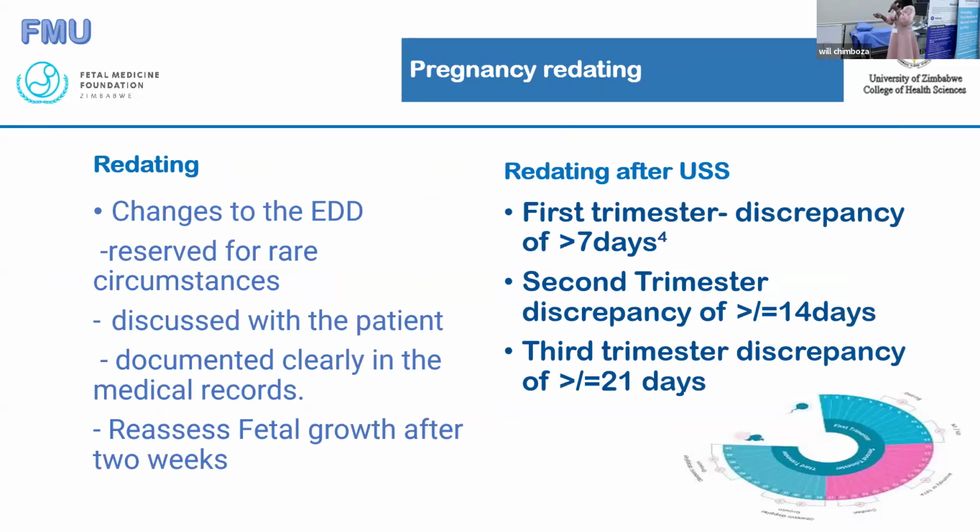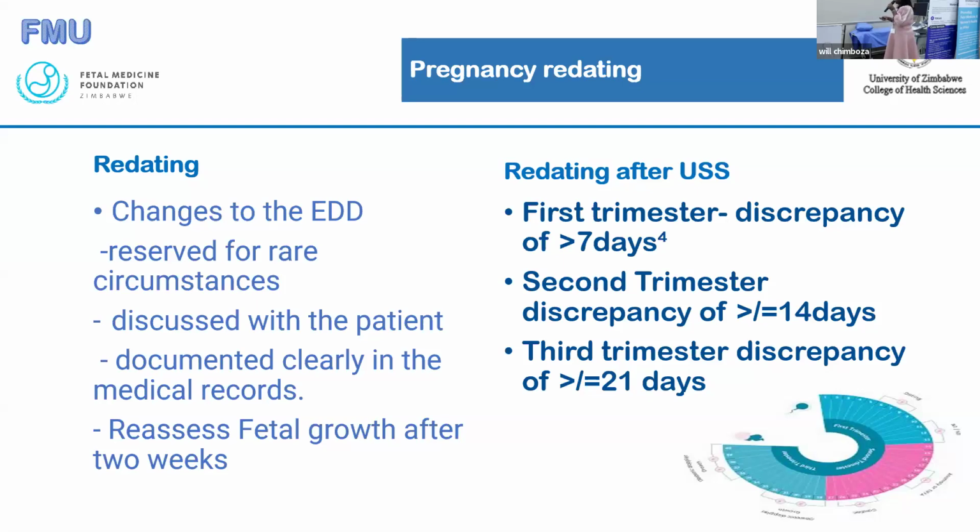Okay, so when we have to redate pregnancies, I've already mentioned that we consider the last normal menstrual period and the first accurate scan that we have. If the first accurate scan is in the first trimester, and there's a discrepancy of more than 7 days between the last normal menstrual period days and the scan days, we redate.